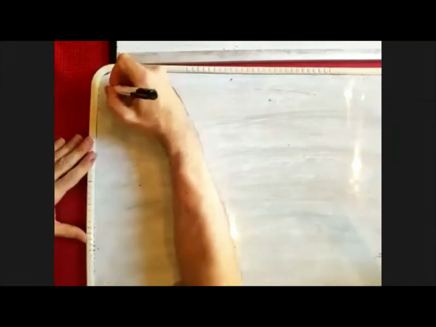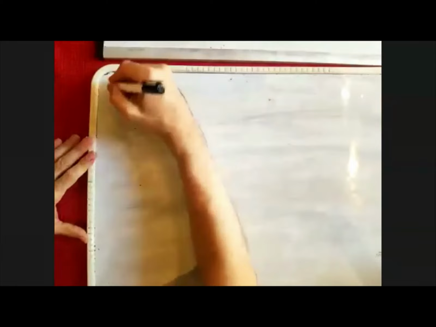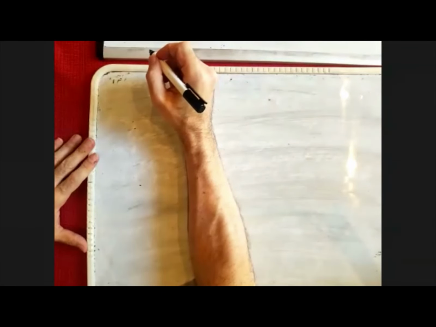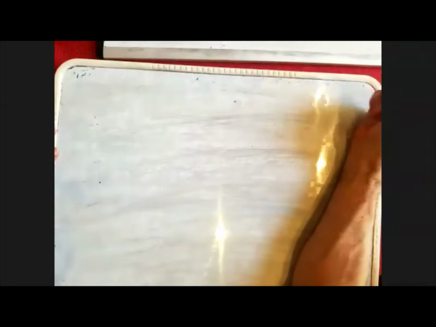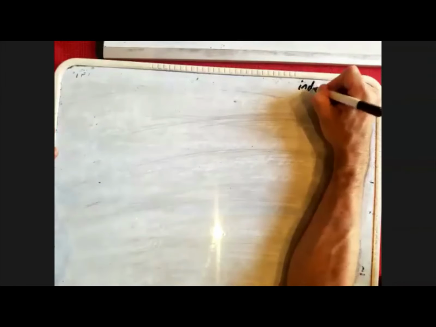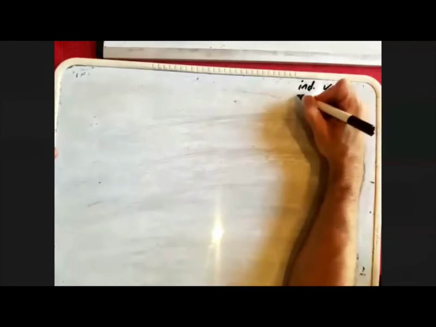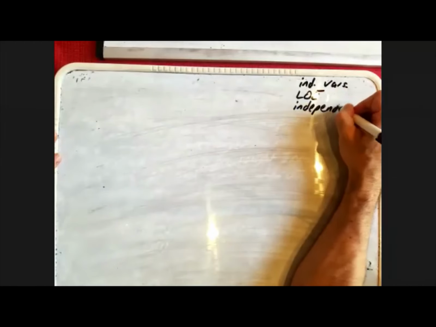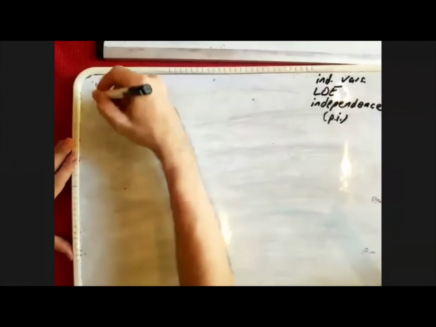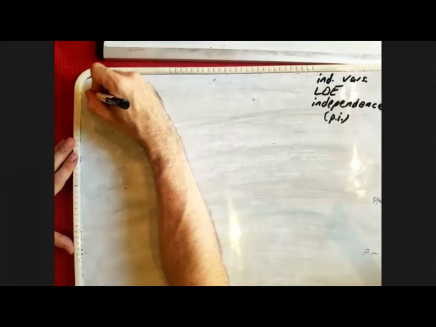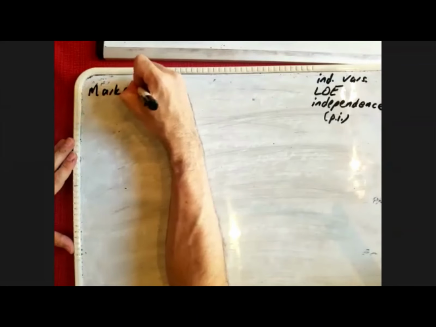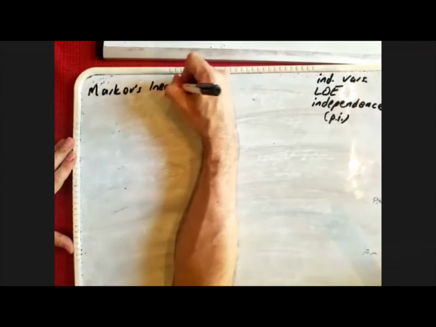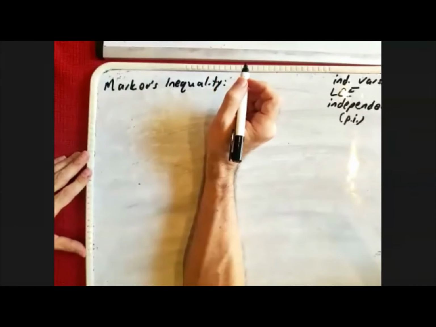So we now know, and I think I showed you four things you needed last time from probability. We needed indicator variables. We needed linearity of expectation. We needed independence. And I introduced you to pairwise independence. And now we're going to use what's called Markov's inequality, which I think is the last thing you need to know.